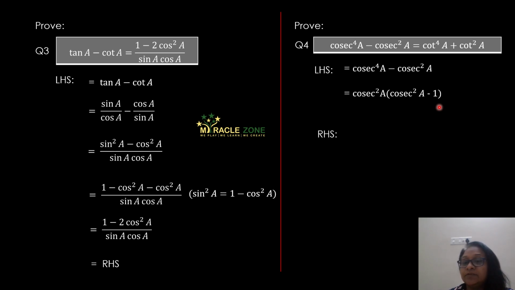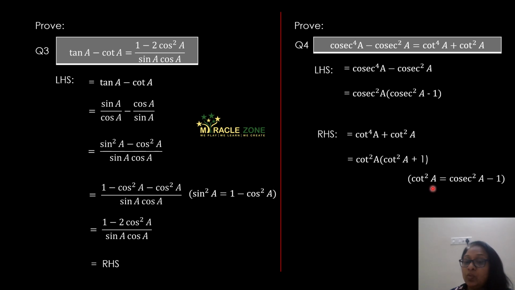So RHS is cot raised to 4 A plus cot square A. So again in this, what is common here? It is cot square A. So we will take cot square A as common, cot square A into (cot square A plus 1). What is cot square? Cot square is cosec square minus 1.